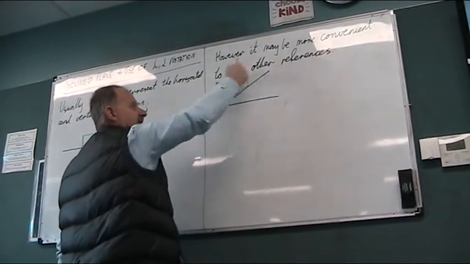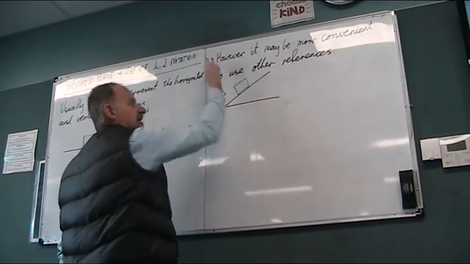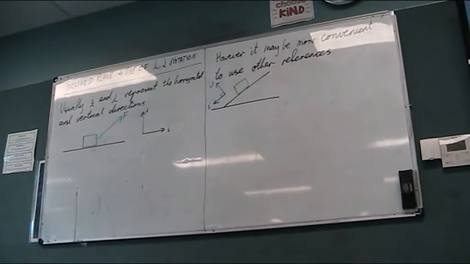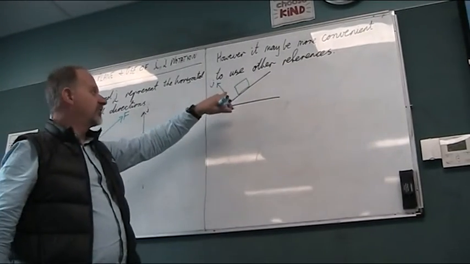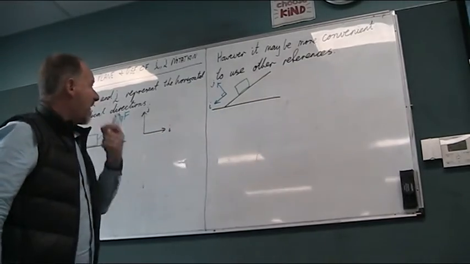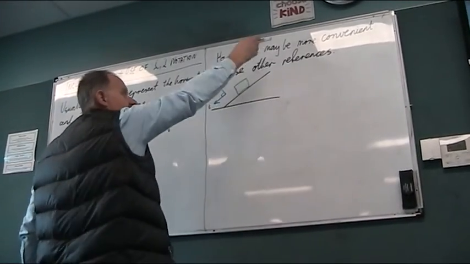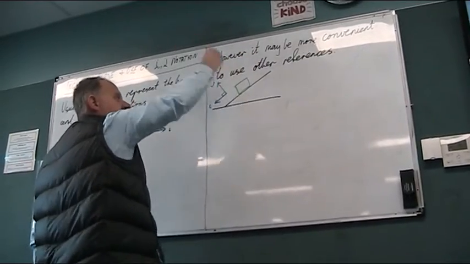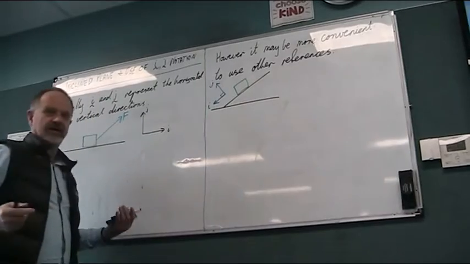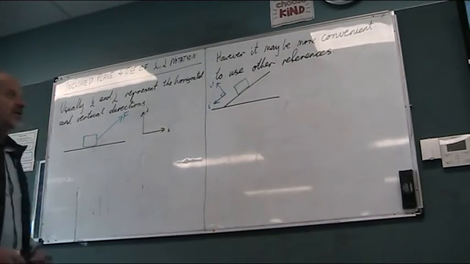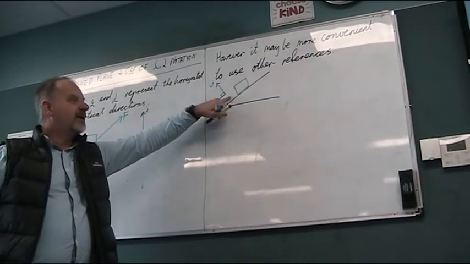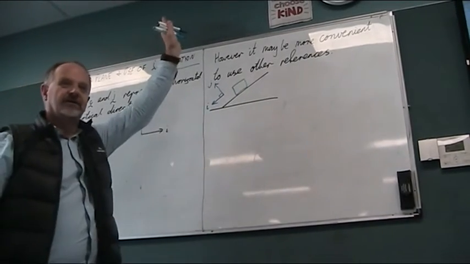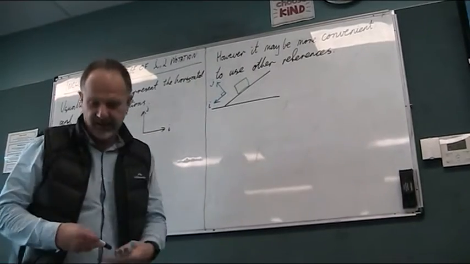So I runs this way and J perpendicular to that. That might be more convenient because it will simplify our calculations, because we can look at what's going to move in the I direction only, and in the J direction there's going to be equilibrium of forces. So by doing that here, it's going to make the calculations more simple than if we had just gone with horizontal and vertical for the I and J directions.